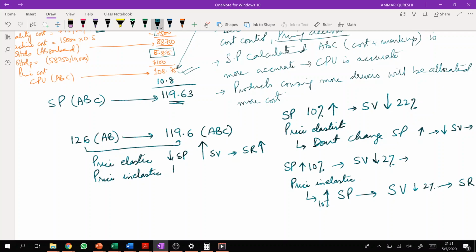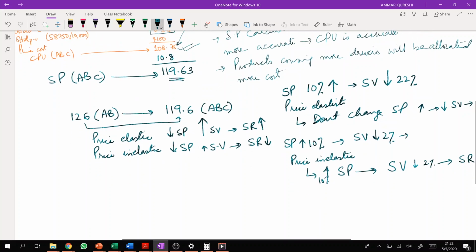In this case, a decrease in selling price will increase sales volume by a very little amount. Your sales revenue will ultimately decrease, because you decrease selling price by 10% and your sales volume increases by just 1%. That means overall your revenue will decrease. So it all depends upon whether the product is price elastic or not.